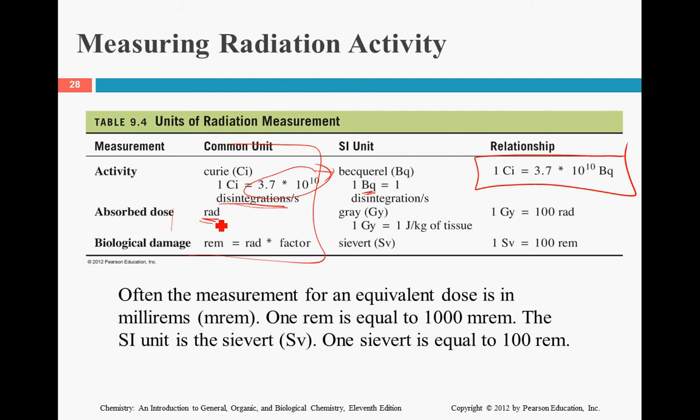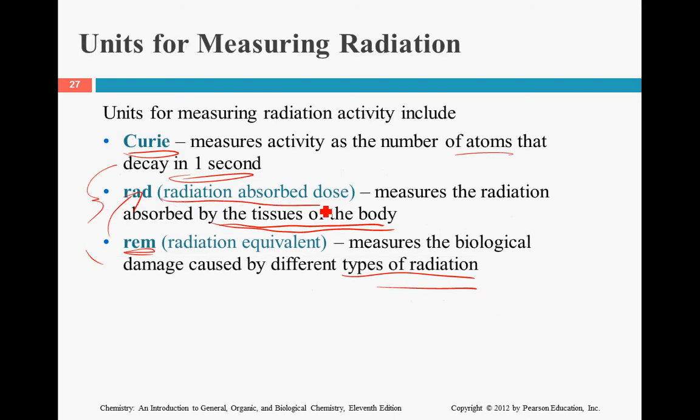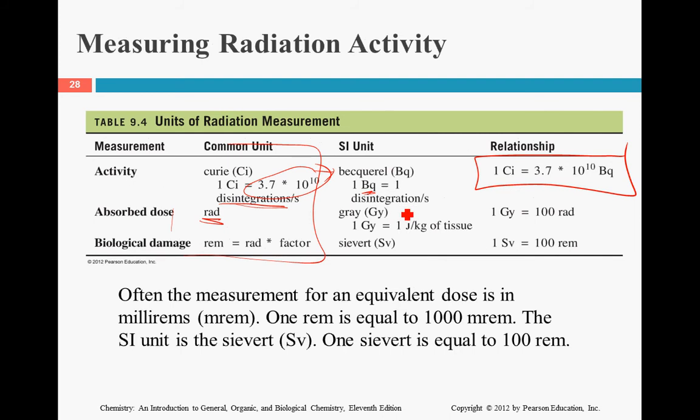Then the rad, the radiation absorbed dose, which is affected by the tissues of the body, also has the unit of the gray. You see that 1 gray is equal to 100 rads.